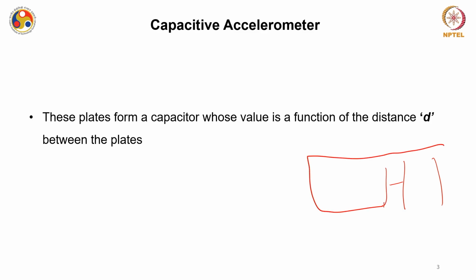So this may be a housing in which there is another plate through which this proof mass is attached, and this proof mass can move or accelerate. These two plates make a parallel plate capacitor, and this is a function of the distance d between the two plates, right.